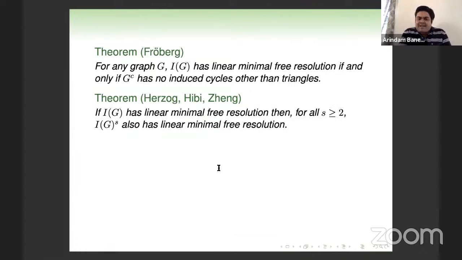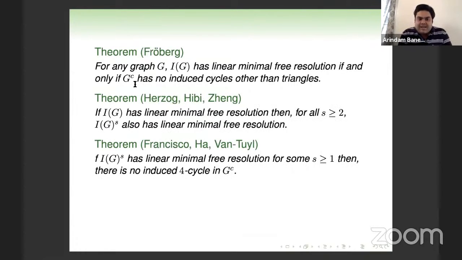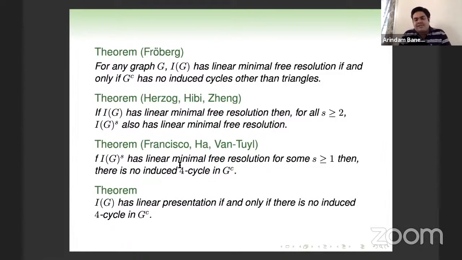However, we are coming very close. If G has a linear minimal free resolution, then it implies all higher powers have linear minimal free resolution. Any higher power having linear resolution implies no induced cycle in the complement, and linear presentation if and only if no induced 4-cycle.